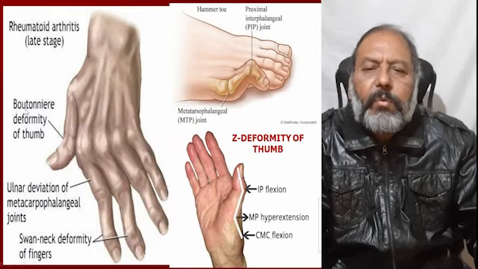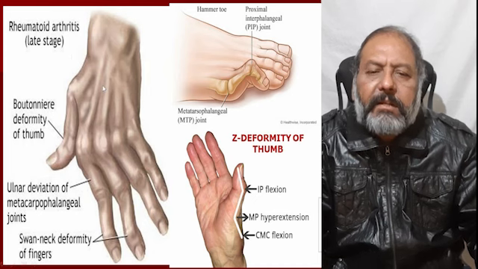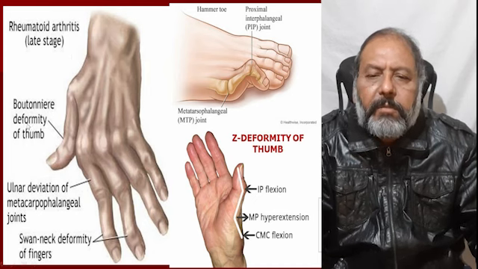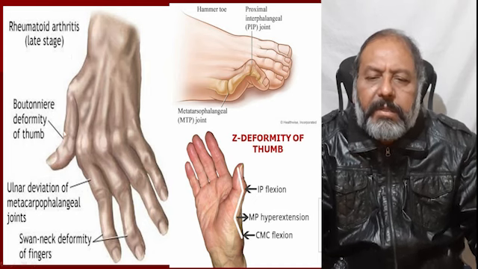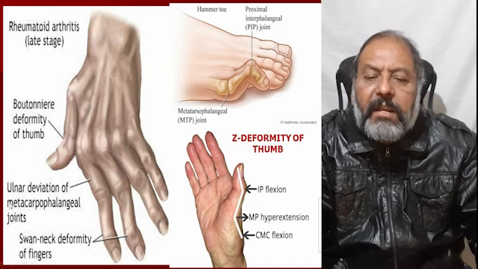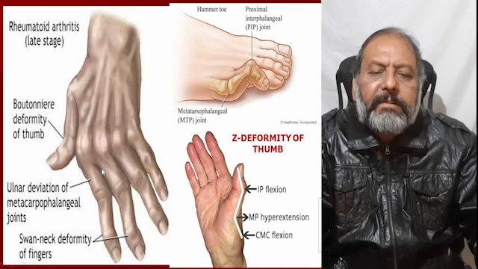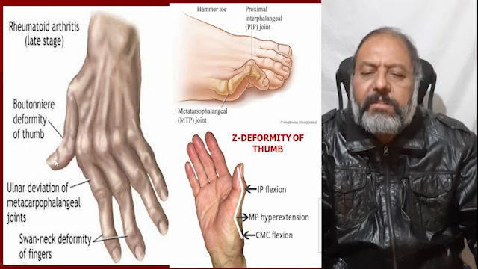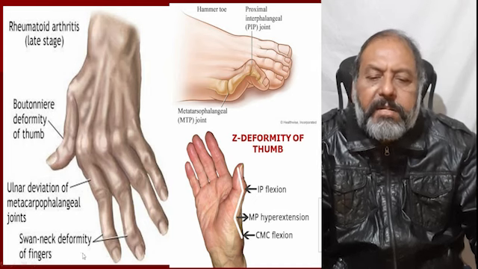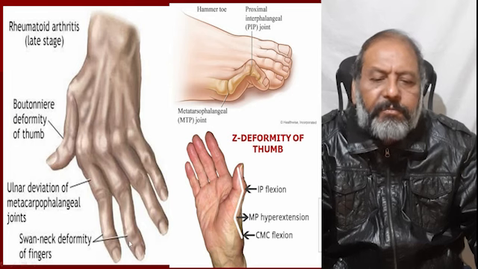So here one can see rheumatoid arthritis in the later stages, buttonhole deformity of the thumb, and the ulnar deviation of the metacarpophalangeal joint. It means that it is deviating towards the ulnar bone. Then swan neck deformity of the fingers.